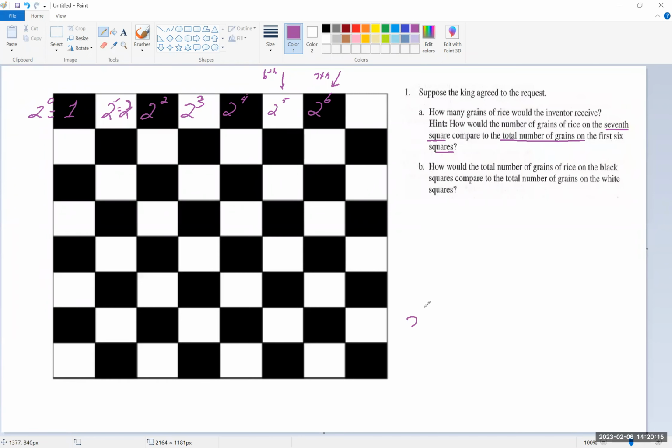So it's 2 to the 6th power, which is 2 times 2 times 2 times 2 times 2. One more. Well, 2 times 2 is 4, times 2 is 8, times 2 is 16, times 2 is 32, times 2 is 64.